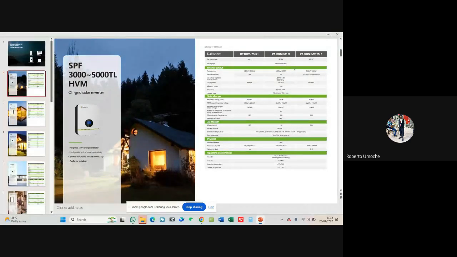On the data sheet, we have it available in 3 categories. The 3000 TL is equivalent to 3 kilowatts, because our system is rated in kilowatts due to the fact that the power factor is 1.